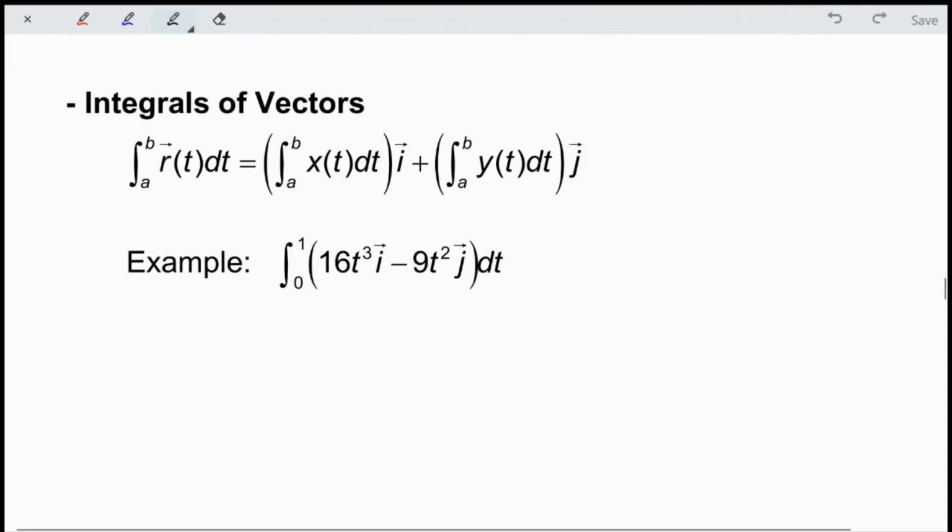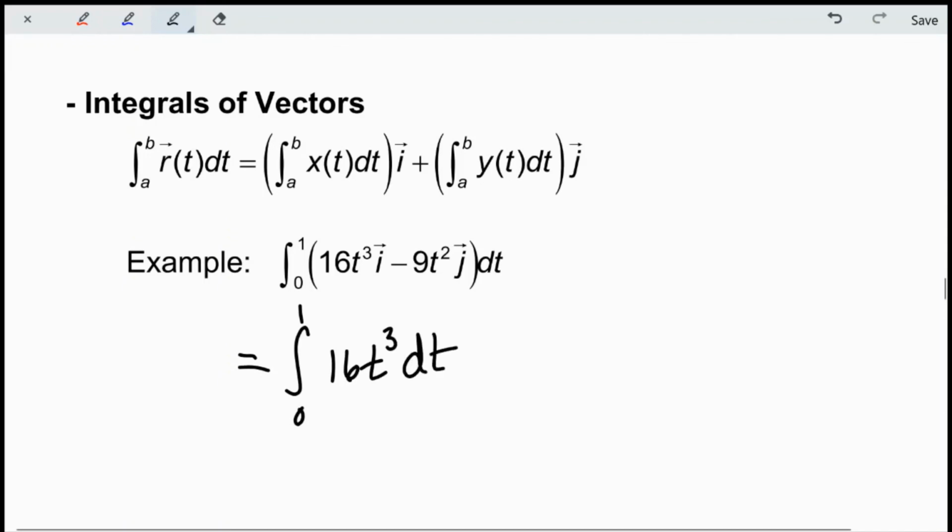Okay, so for example here, we've got one that we're going to solve out. We've got the integral from 0 to 1 of the vector 16t cubed i minus 9t squared j. So what I'm thinking about here is just setting this up as 2 separate integrals.